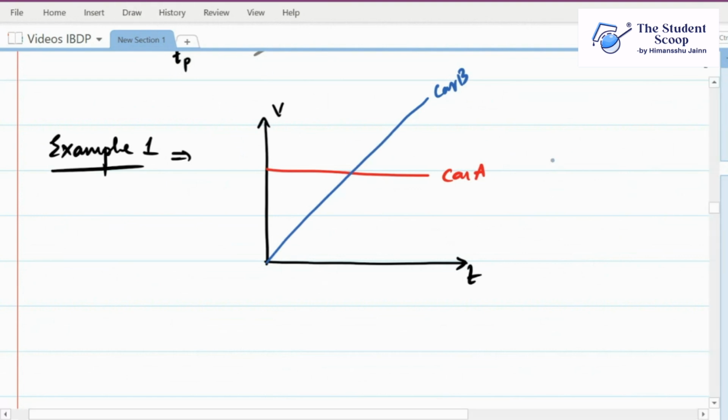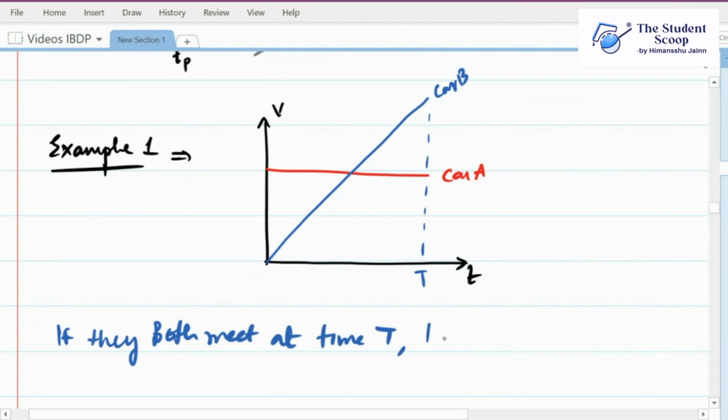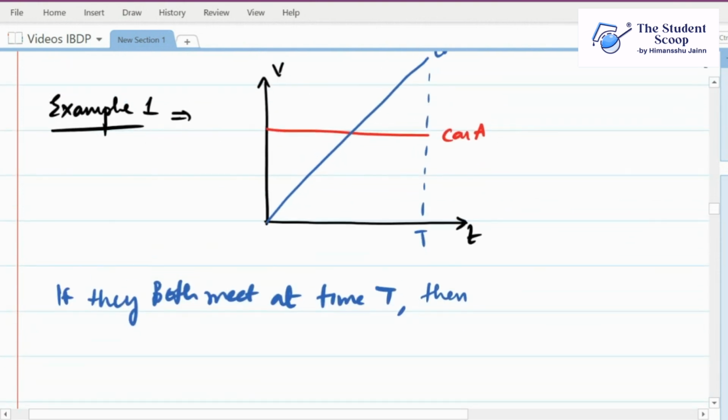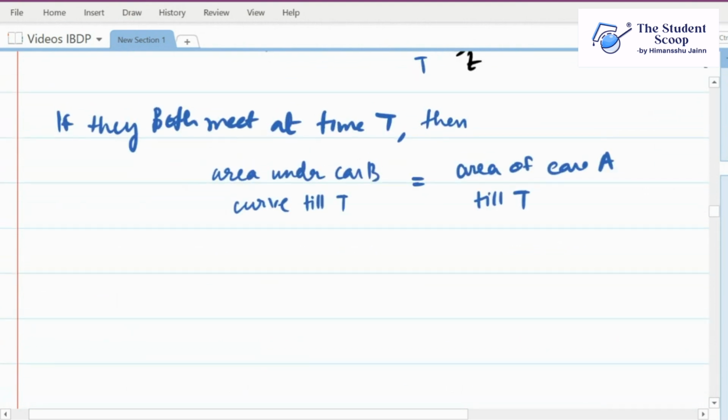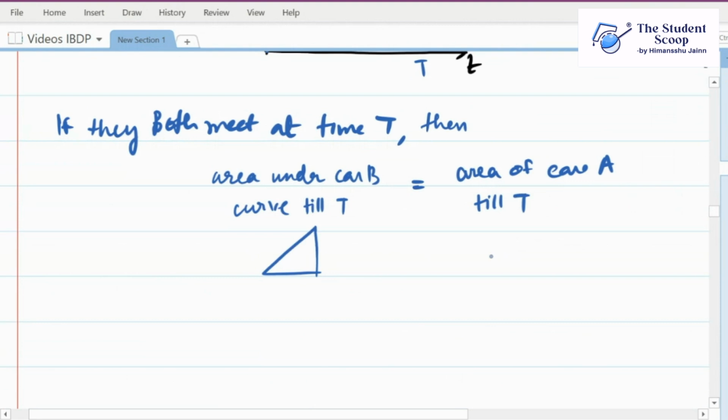Now, if they both meet at time t, then since the area under a velocity versus time graph represents displacement, the area under the car B curve until point t should be equal to the area under car A until t. The areas have to be the same, because they both must have covered the same distance by that time.